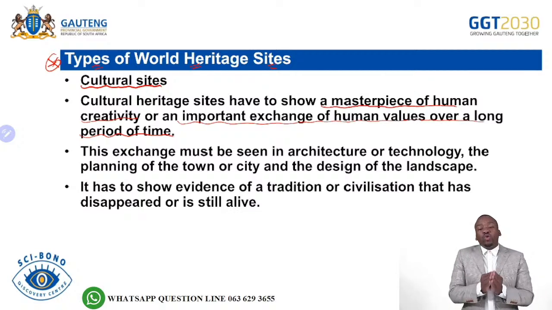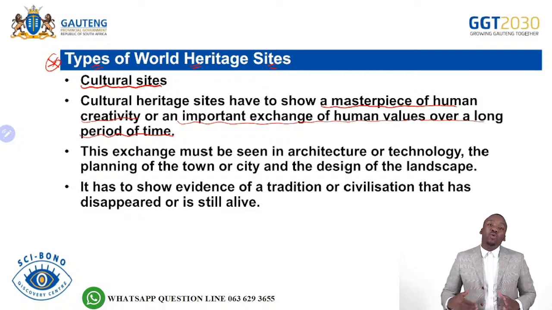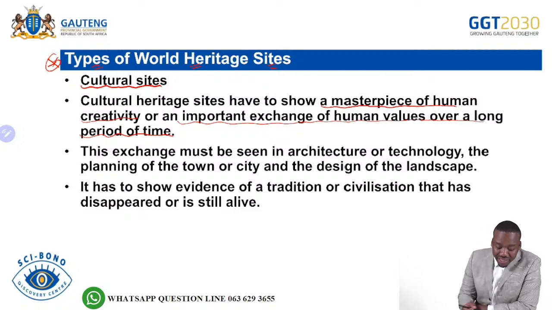When we go to a World Heritage Site that is part of a cultural site, we are going to learn about particular languages, particular values, cuisine, food, and the lifestyle of those people living in that area. This exchange must be seen, for example, in architecture.